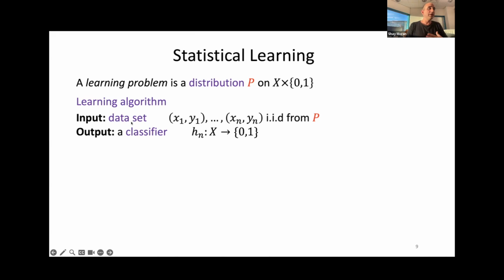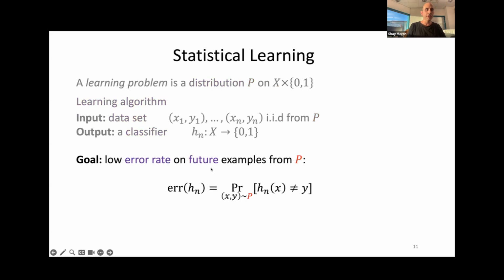And what is a learning algorithm? Mathematically, it is a function. The input of this function is a sequence of n examples, ordered pairs that are drawn IID from the distribution P. And the output is a classifier that attempts to label all possible instances, all possible points from X. And what is the goal in learning?